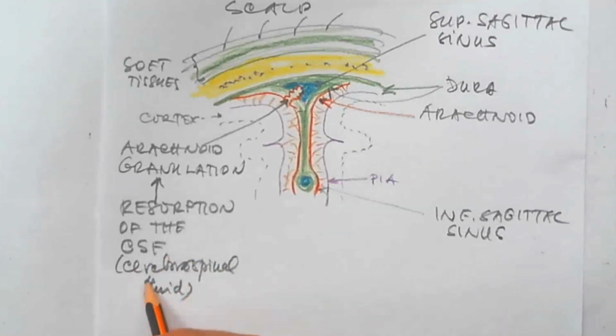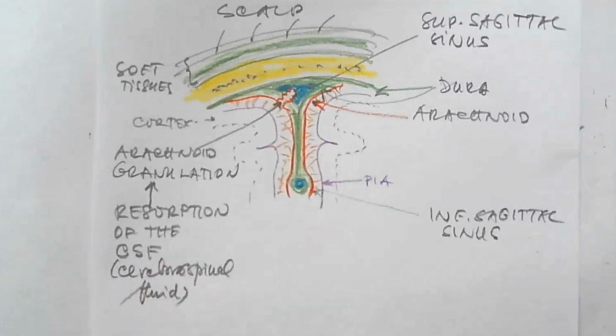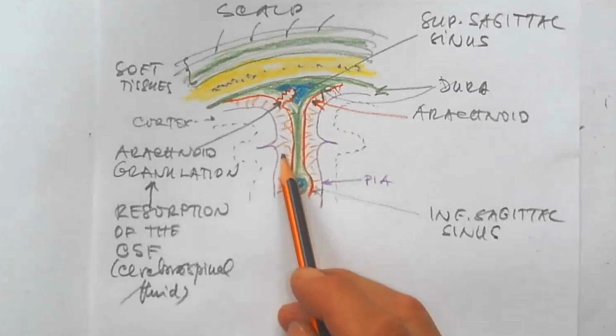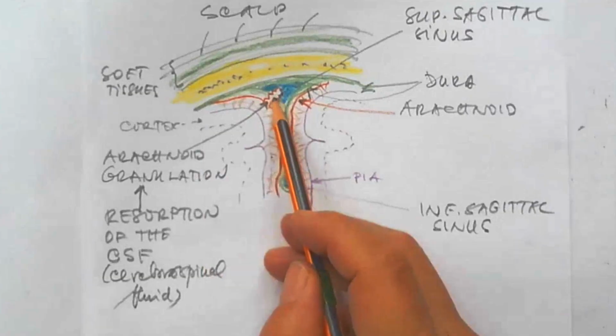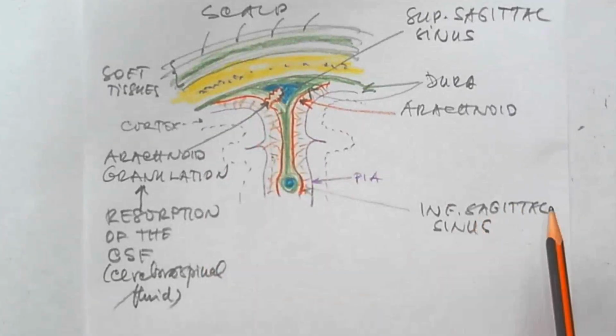Everyone knows that cerebrospinal fluid is produced by the plexuses inside the ventricular system of the brain. But the fluid flows through the spaces, and is resorbed into the arachnoid granulation.